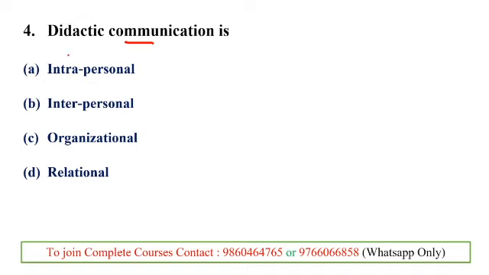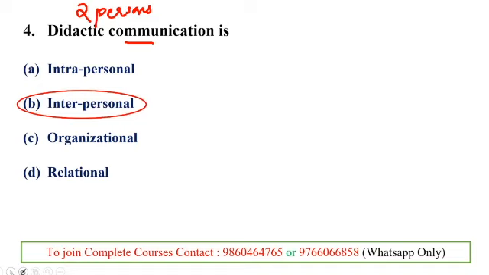Then didactic communication is. So the word didactic indicates two, or the communication between two persons is indicated in didactic. Clear. So didactic communication is the form of interpersonal communication, or between the persons. Here intra means within the person.